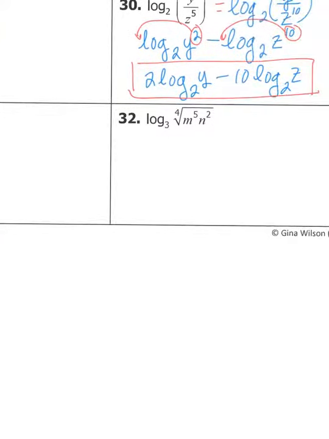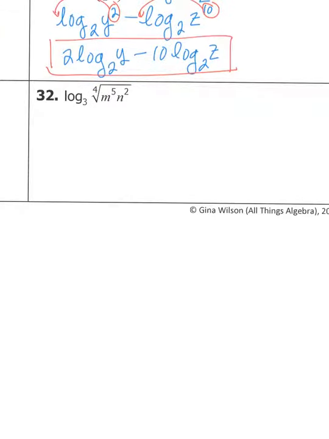And last problem before we recap everything. Again, we have log base 3 of m to the 5th n squared, and all of that is going to be raised to a fractional exponent. I'm going to assume that all of this inside of here is raised to the first power.